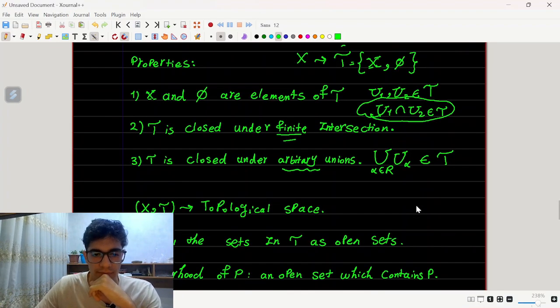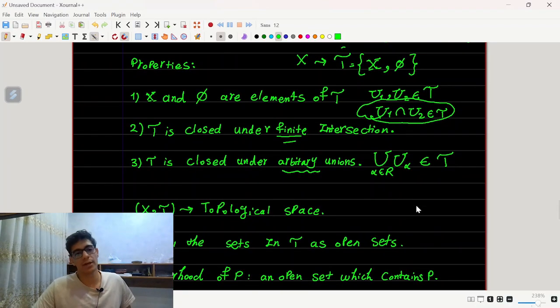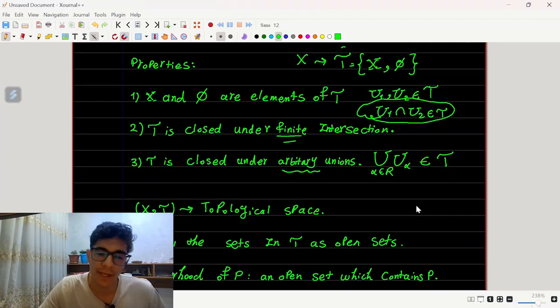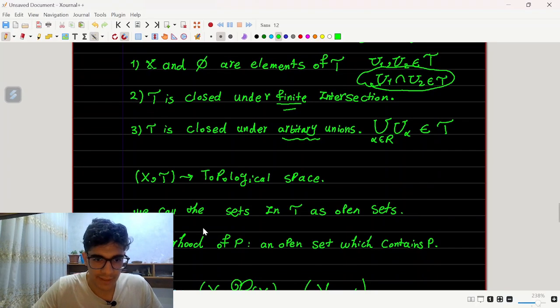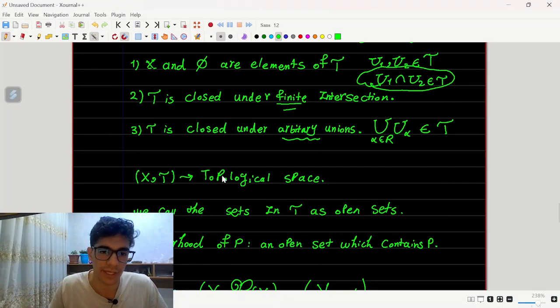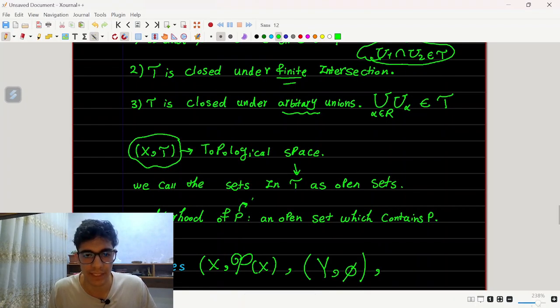And that's it. So I'm just going to show you some examples of topological spaces to understand them and see how vast they are. So before that, let's just have two other definitions. I mean, we use this notation to show topological spaces, and we call those sets that are in T open sets, and we define a neighborhood of P if P is a member of our space.